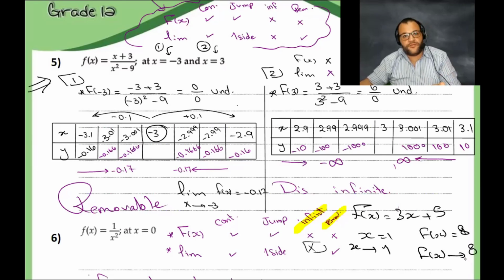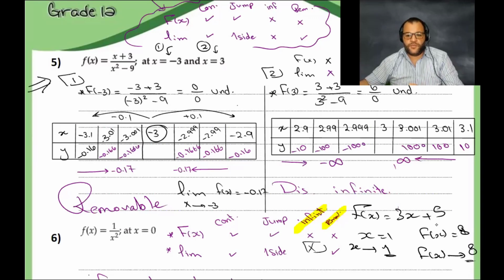There is no discontinuity for this one, because x is going to 1 and f of x is going to 8. Is this right?